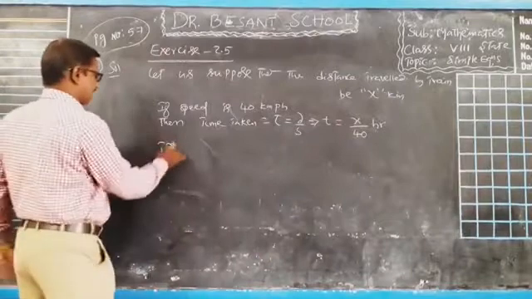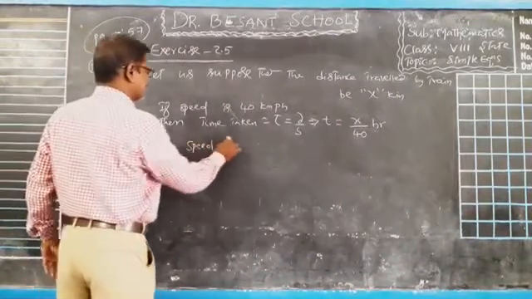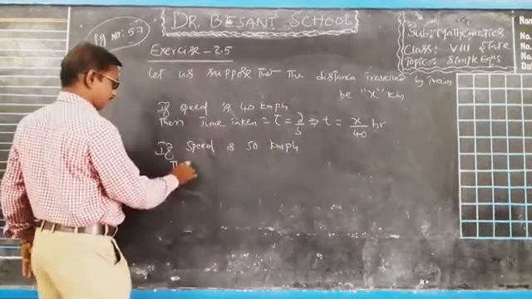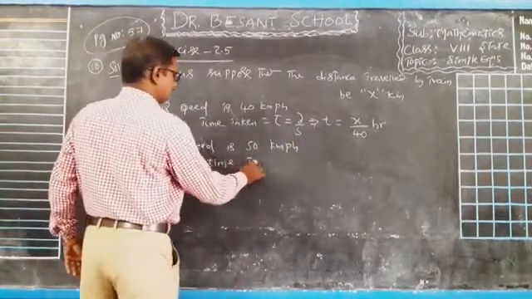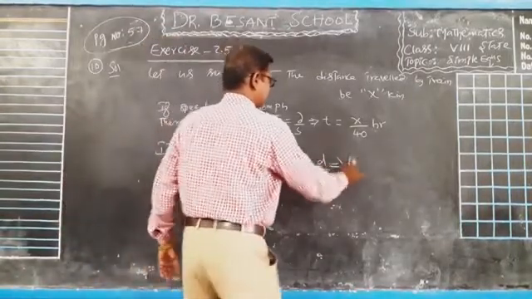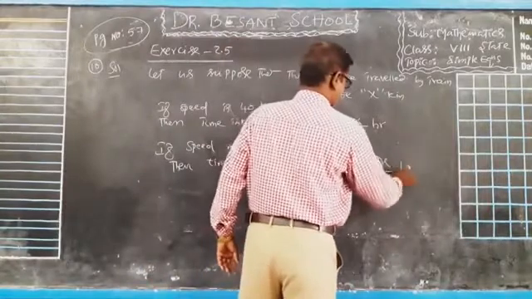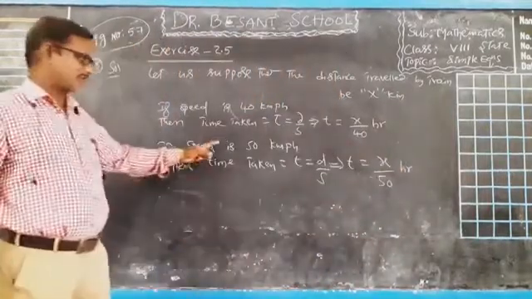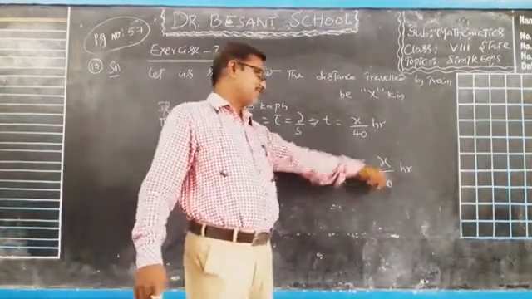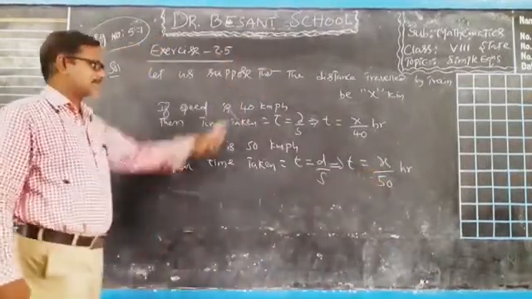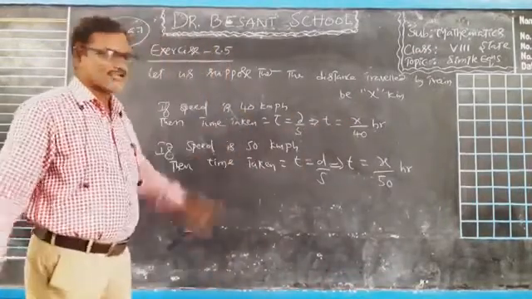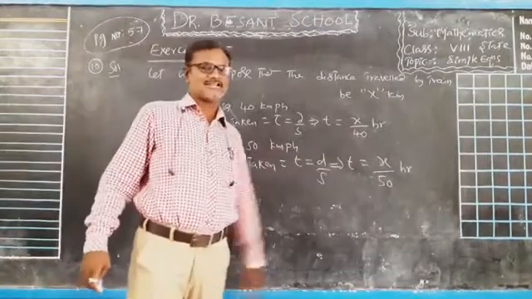If the speed is 50 kilometers per hour, then time equals distance by speed, which is x by 50 hours. Now it is given that if the speed is 40 kilometers per hour, it reaches the destination 11 minutes late. If the speed is 50 km per hour, it reaches the same destination 5 minutes late.